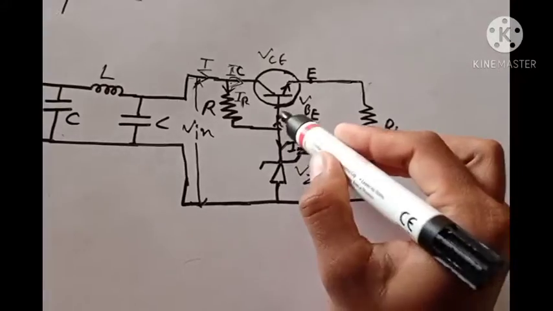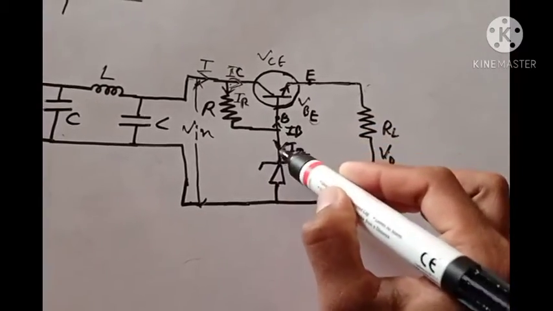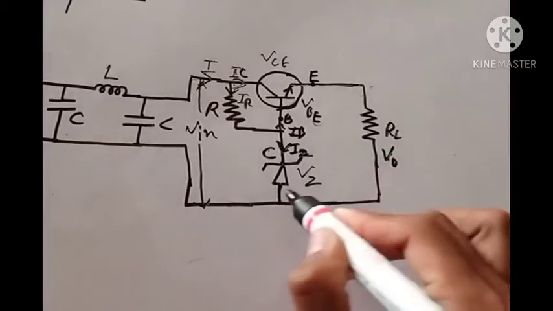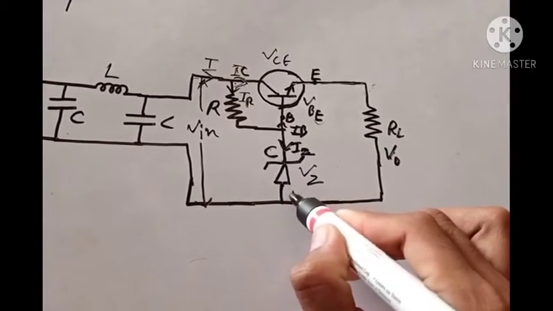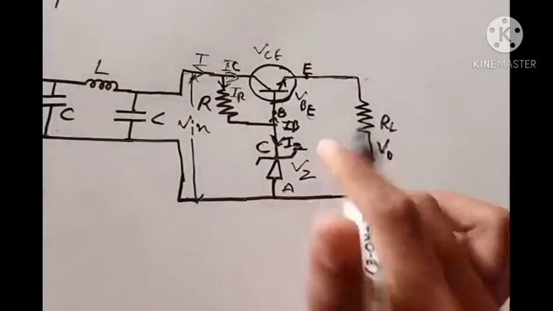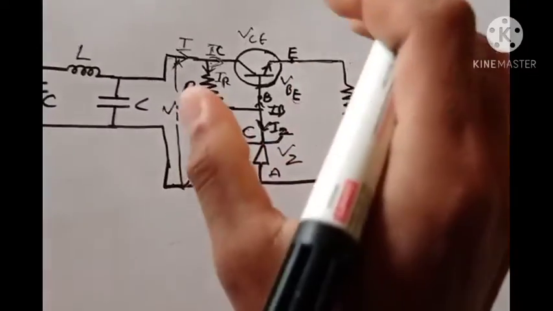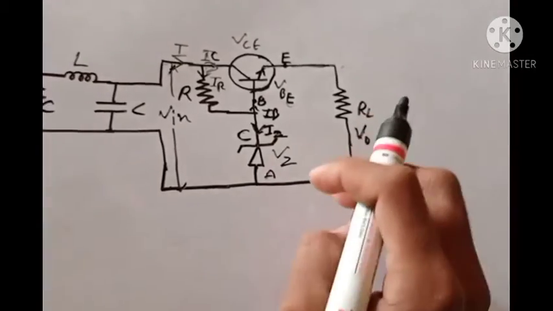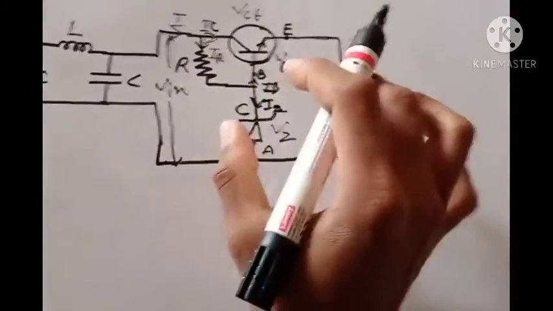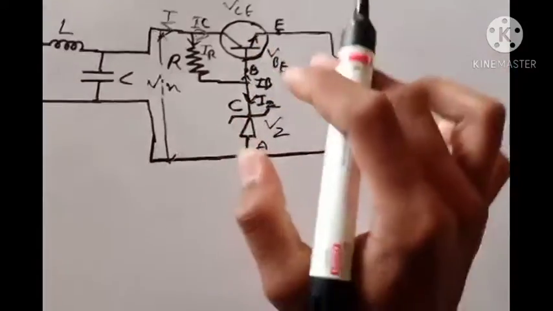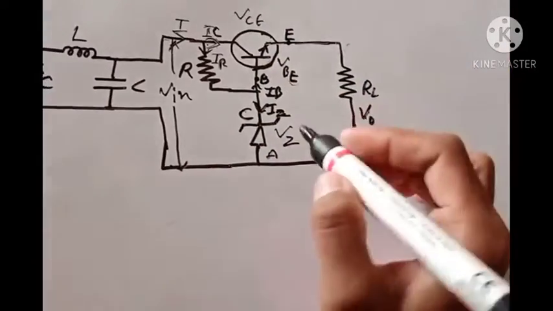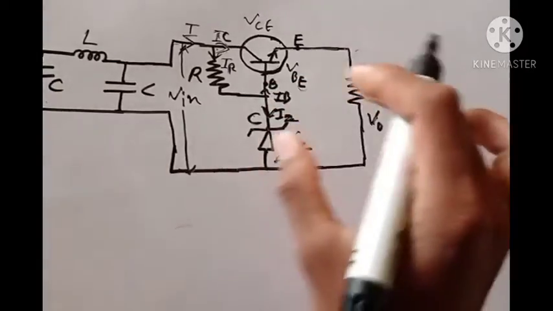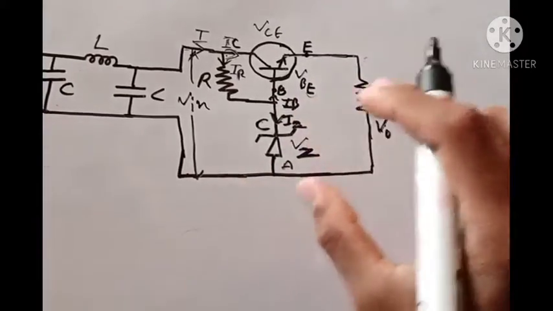The positive voltage is given to the cathode of the Zener diode and the negative supply to the anode. As we all know, in the reverse bias condition the voltage across the Zener diode remains constant, so VZ remains constant.